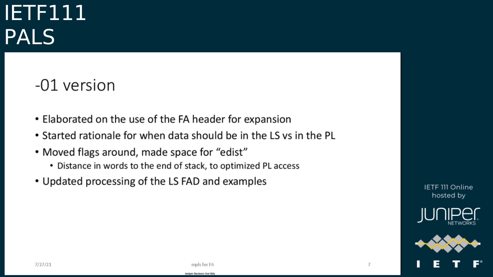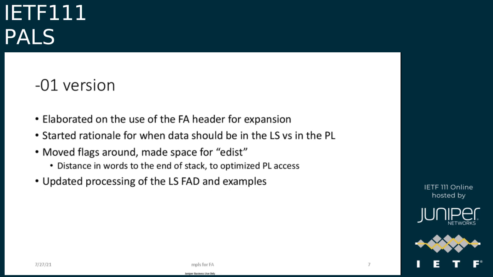For example, a slice indicator is something you want to have right there so that you put the packet on the right path. But of course, not everything wants to be there. A good example is the flow ID, where currently there's a draft by someone else who says, I want a flow ID in the packet, but it's more for OAM purposes. So I think there's a valid discussion: should it be in the label stack or should it be in the payload?